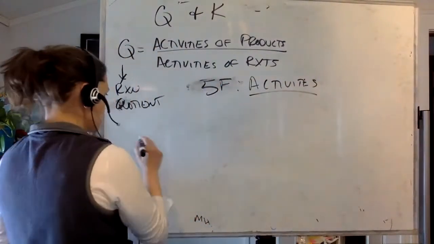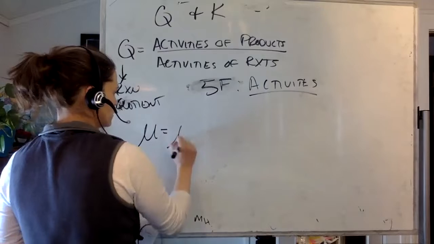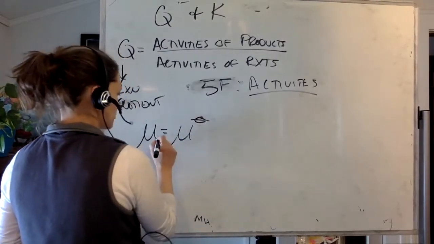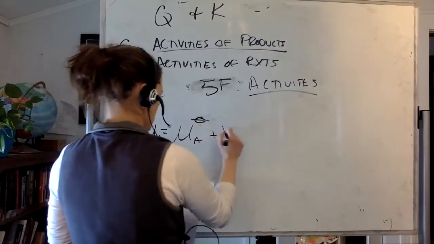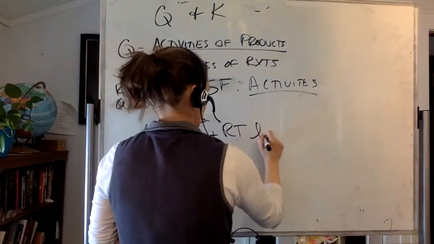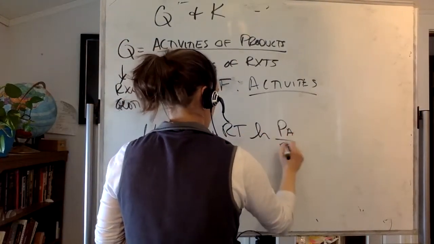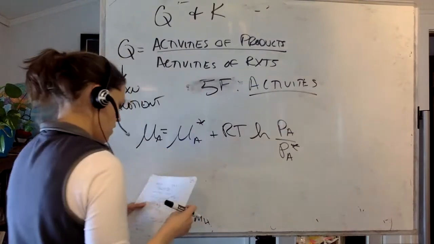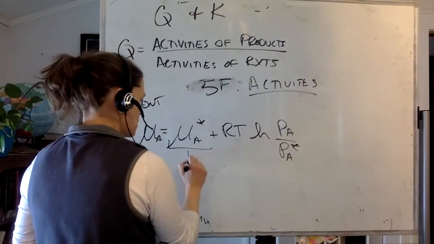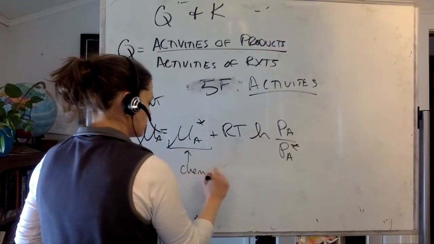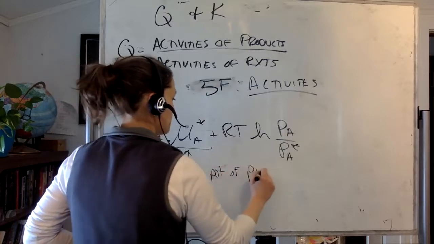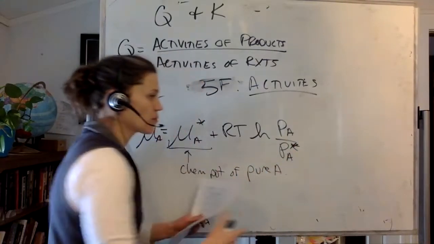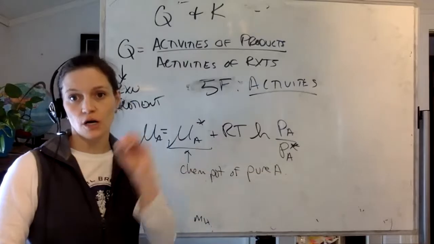Okay, so recall that mu is equal to mu star, standard conditions, plus RT log PA over PA star, where mu star is the chemical potential of pure A. And likewise, PA star is the vapor pressure of pure A. Star means pure.